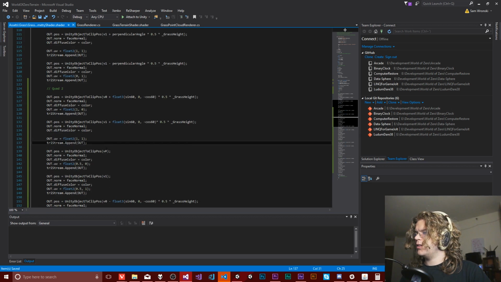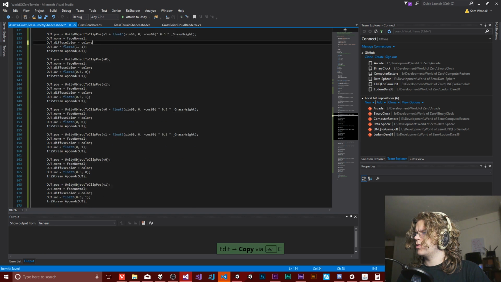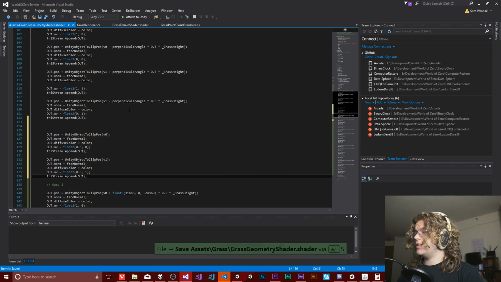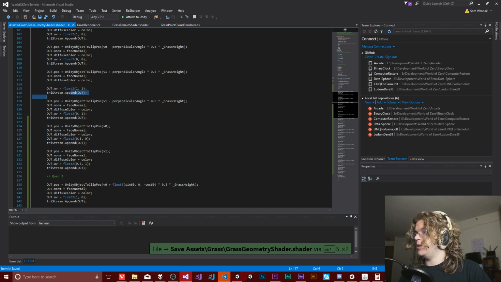And then quad 1, we have to do the same thing one last time. Get rid of all of the extra stuff. I wasn't intending on it becoming this gross. This is when it would be a good idea to split this off into a function. We should have done that earlier, but we didn't.